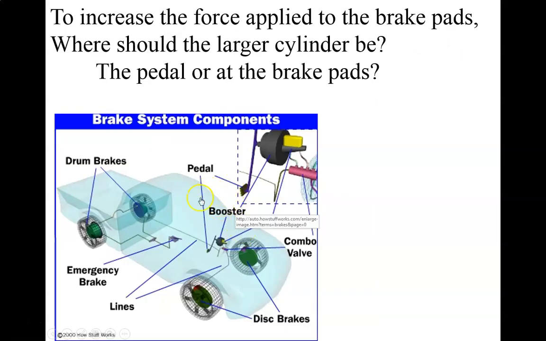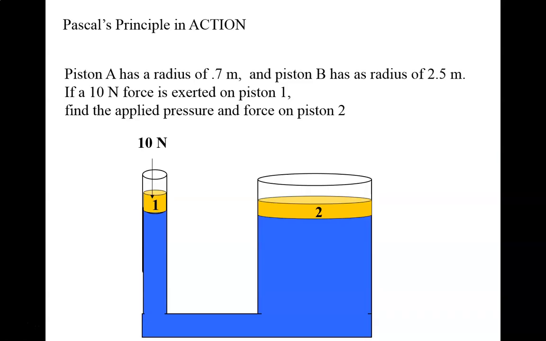If you want to make it so that a greater force is put on the car brake than what you apply to the foot pedal, should the larger piston be at the pedal or the brake? If you want the larger pressure to be at the brake, it should be at the brake itself, and those are larger pistons than the one that you push on. Although there's some more things going into that.